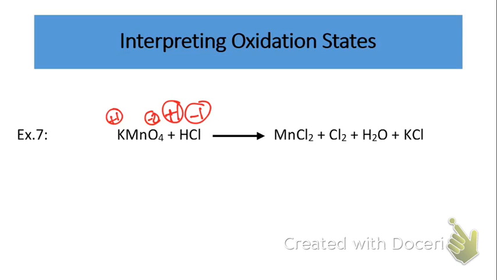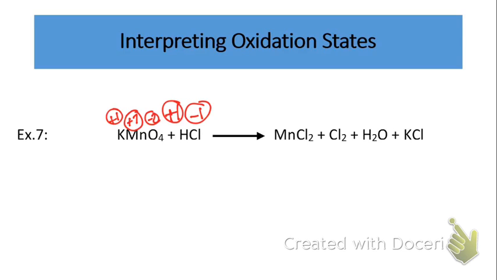So if I need a 0, so -2, that's a -8, +1. So that means the manganese must be a +7 in order to get a 0. All right, so there's that. Got that down. All right, so what about our product here?